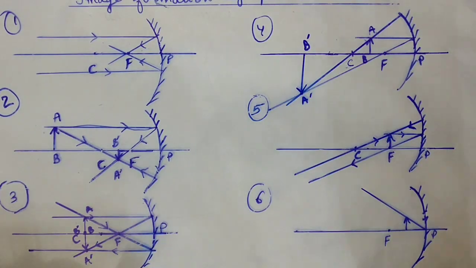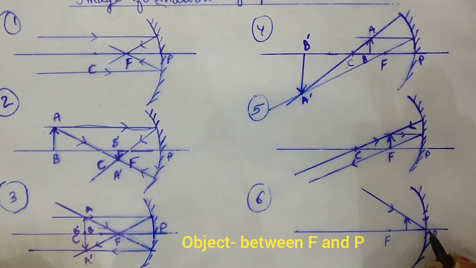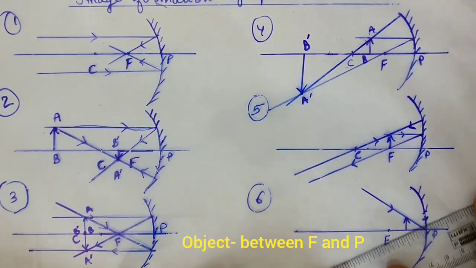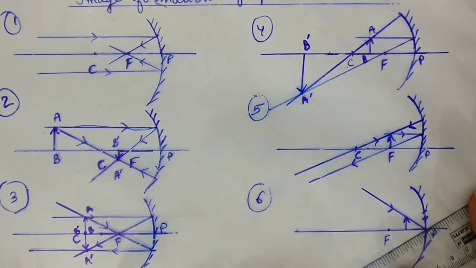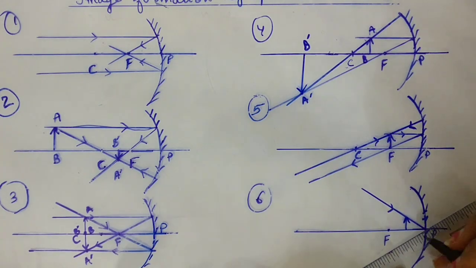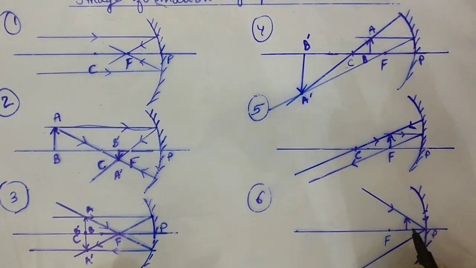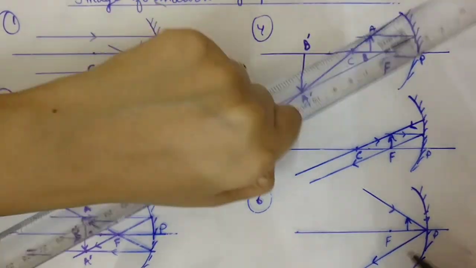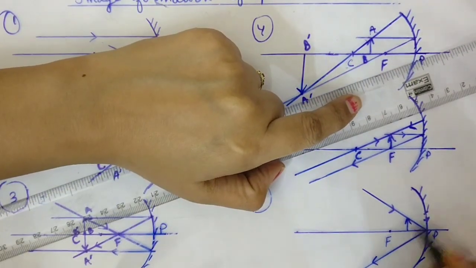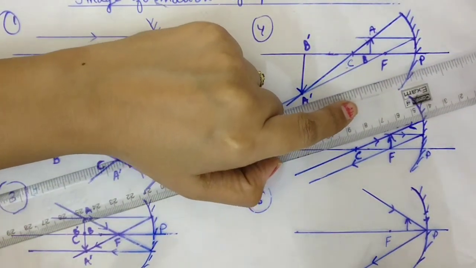Here I've considered a ray which is coming to the pole at some angle, and it should reflect back at the same angle in the opposite direction. I can consider the ray parallel to the principal axis also. Then also the image will be formed. But in this case I have made this ray because making the ray diagram is easier.